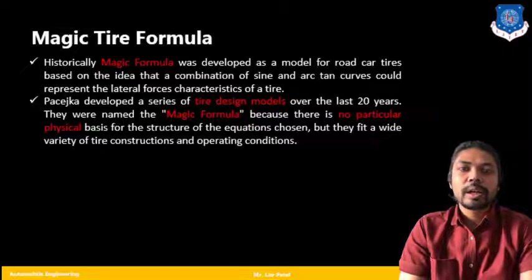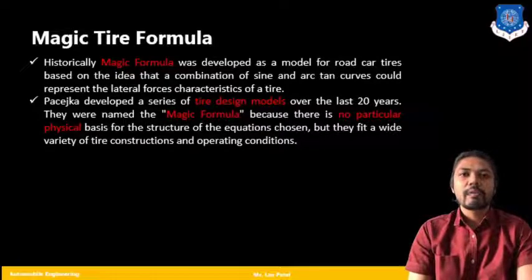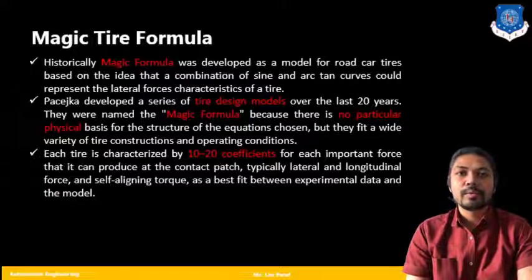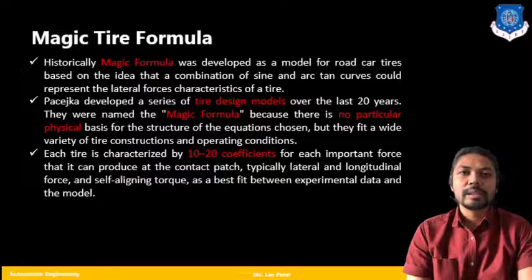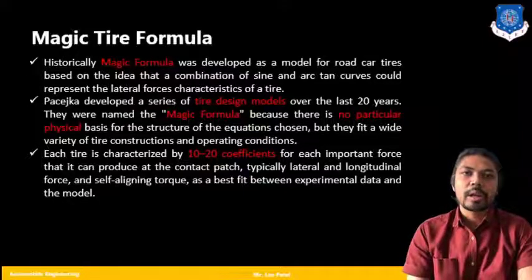According to the lateral force, how my tire is going to react or affect my overall performance, that we have to calculate. And to calculate such lateral forces, one scientist, Pacejka, developed a series of tire design models over the last 20 years and he gave the name magic formula. So according to that formula, you will make your own tire model.